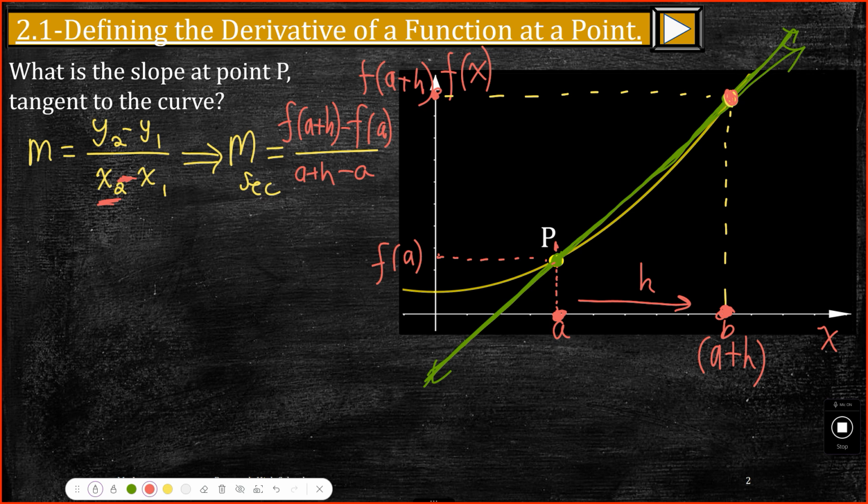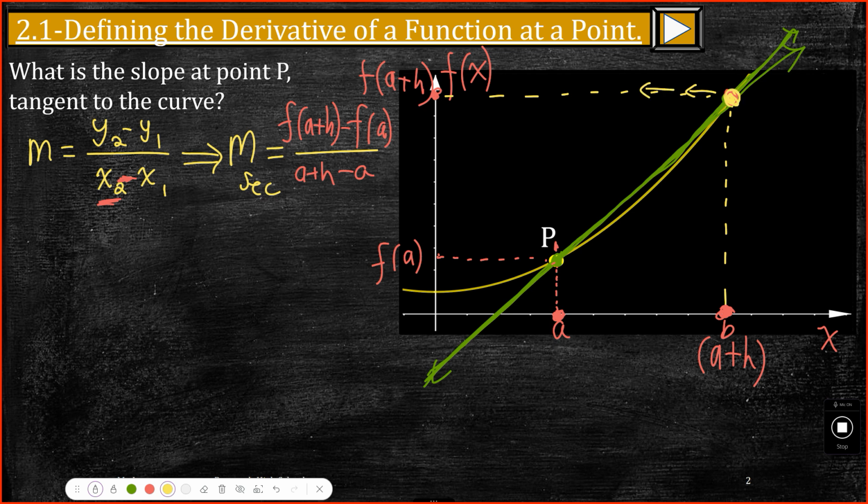So we're getting somewhere. Now, what's going to happen here to get the definition of the derivative is that the engine behind everything is the idea and the concept of a limit. The idea is that we're going to get this second point closer and closer to the first point.